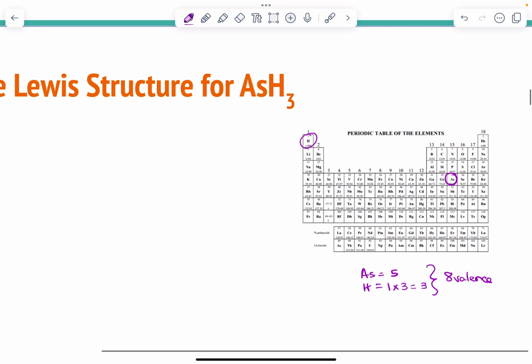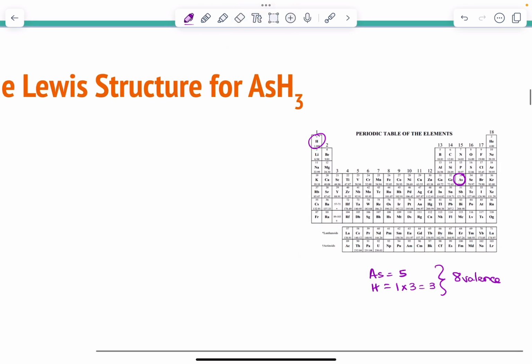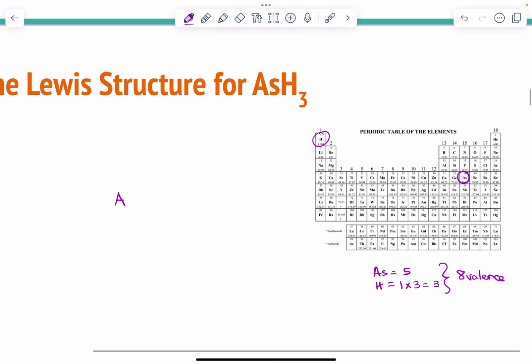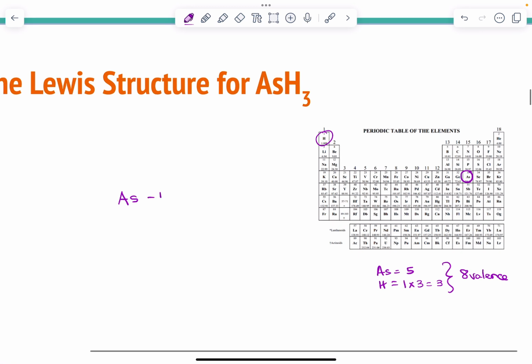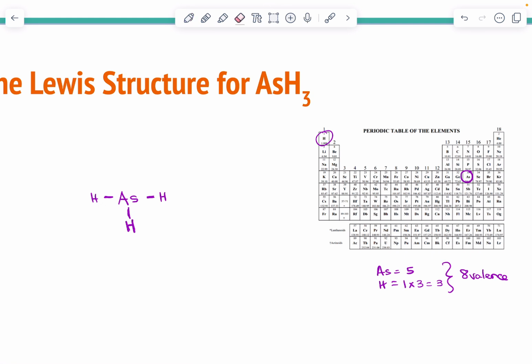Okay, and so we said that hydrogen can never be in the center. So we're going to start by putting arsenic in the center, and we're going to put the 3 hydrogens around the arsenic here. So we're going to draw a single line. Remember, each one of those lines represents a single covalent bond, or 2 electrons. And so once I do that, I'm going to tally up my electrons here.